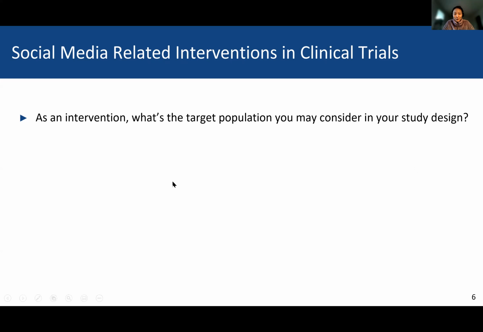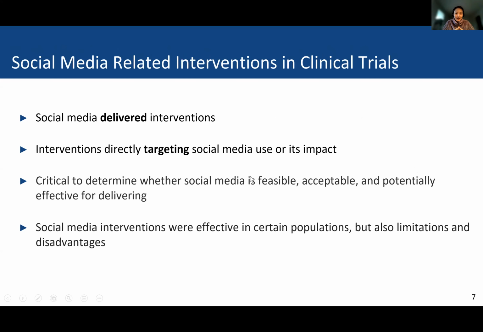Yeah. So for social media related interventions in clinical trials, I think there are at least two aspects we can think about. The first is social media delivered interventions, so we are using social media as a way to post things so people can receive them. And the other aspect is that the interventions are directly targeting social media use and its impact.